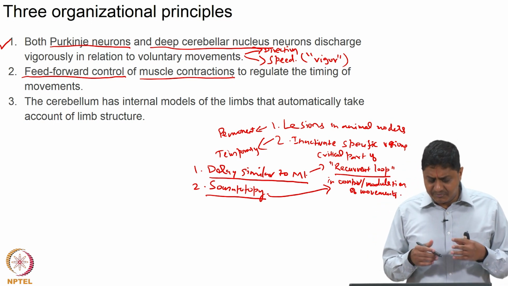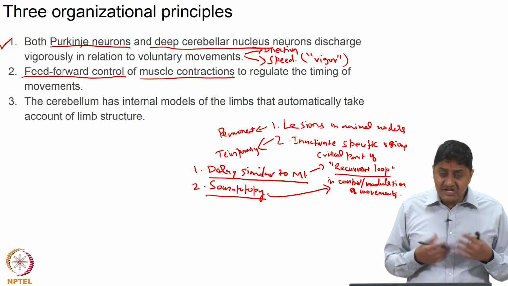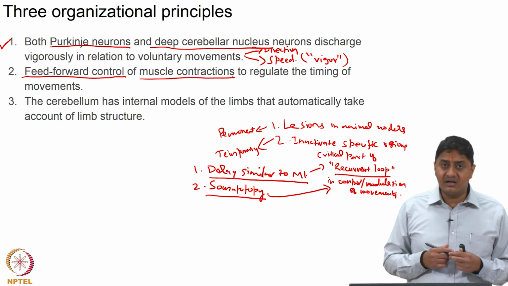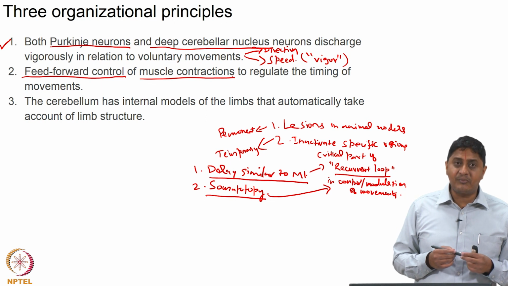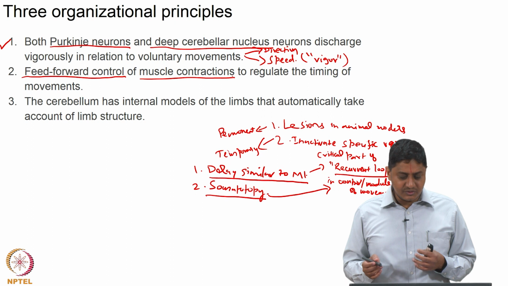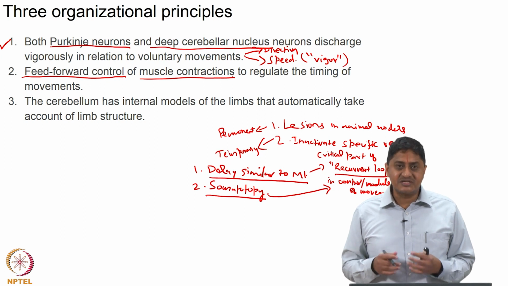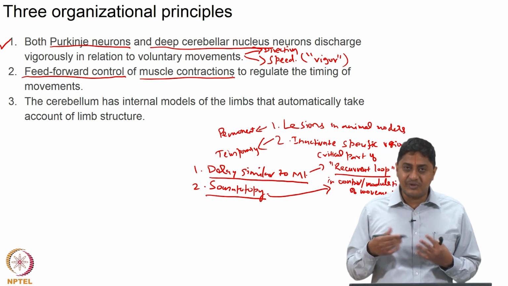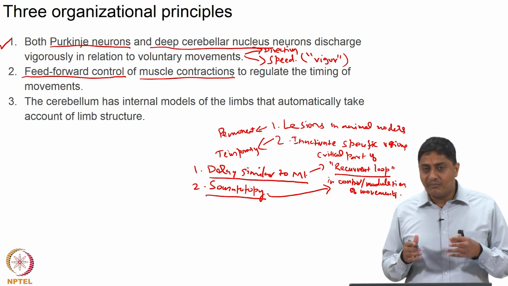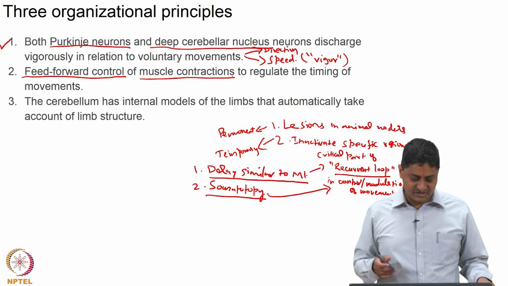And people who have lesions of the cerebellum show a typical inability to properly time and sequence movements. So, that also tells us that the cerebellum probably participates and contributes in anticipation of movements or proper muscle encoding of these movements that are required.